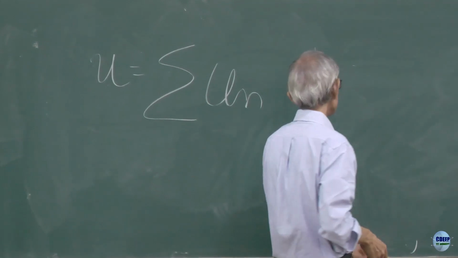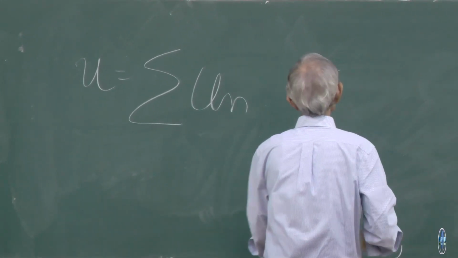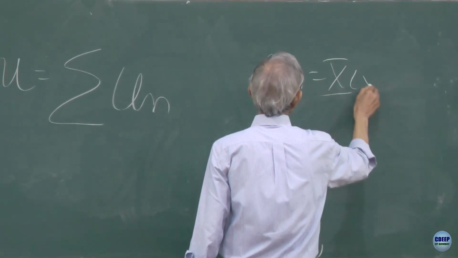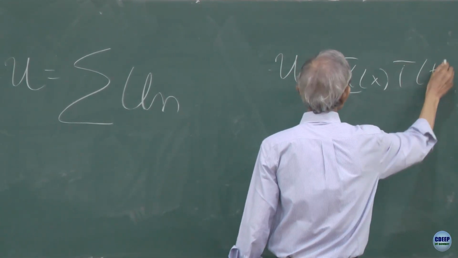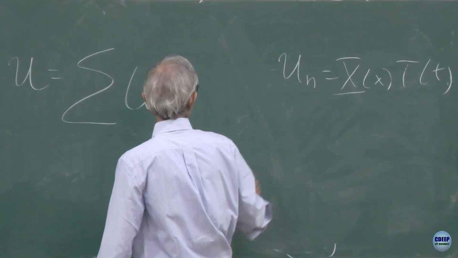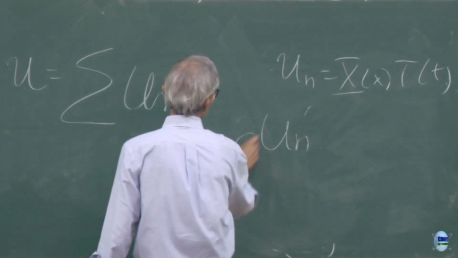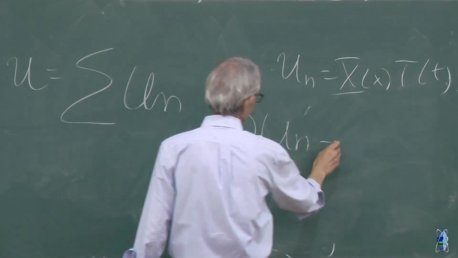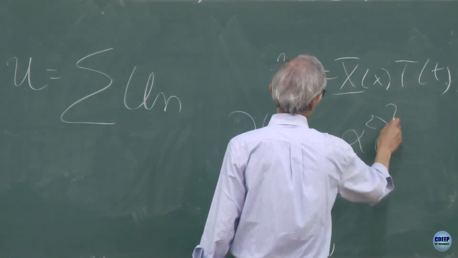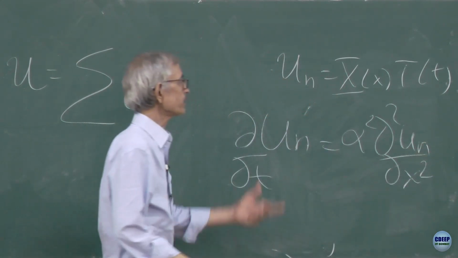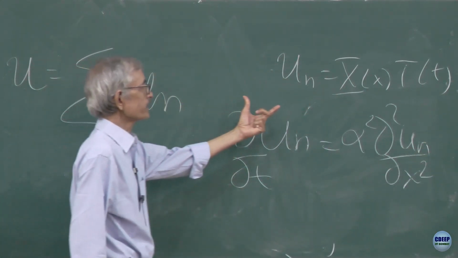Now you have said that each of those UNs individually satisfies partial U partial T equal to alpha square partial U partial X square, because that's what this lets us do.